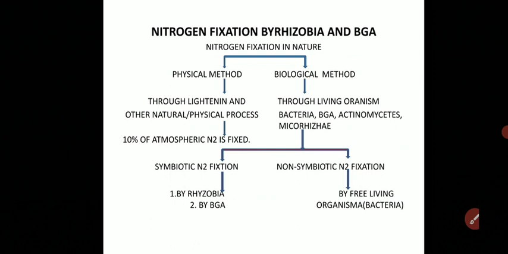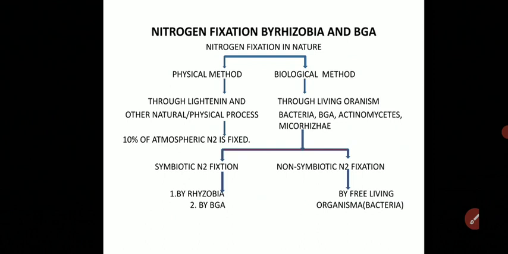So, the nitrogen fixers such as rhizobia and blue-green algae are known as diazotrophs. These diazotrophs are of two types, symbiotic or non-symbiotic, and we can call non-symbiotic fixers free living.